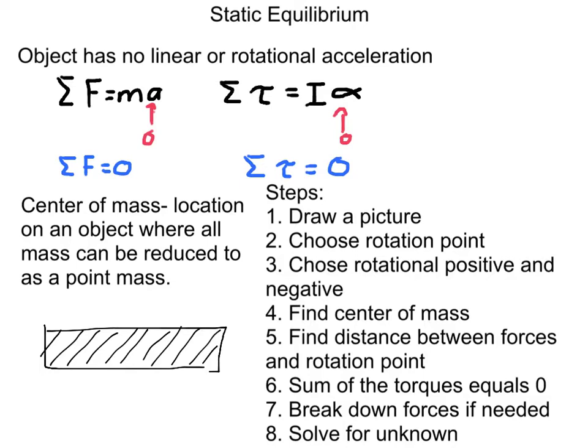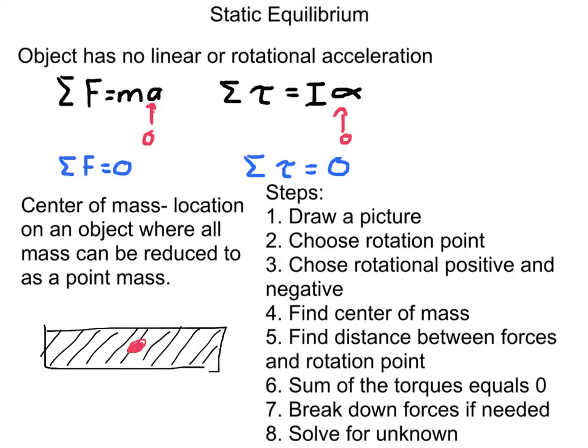It's the point where if you were to start shrinking all the mass down, it would reduce to that spot. If mass is evenly distributed, meaning it's not all clumped to one side or the top or the bottom, one side isn't more dense than the other, the center of mass is always going to be in the center of the object, right? On the other hand, let's say the left-hand side of this thing was a little bit heavier than the right-hand side because it was more dense.